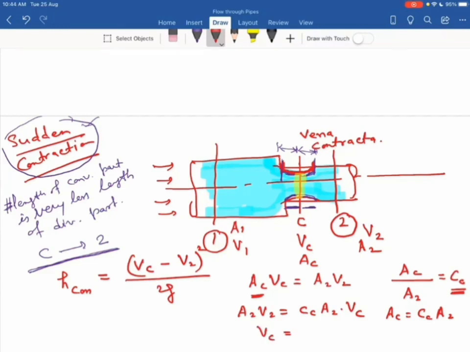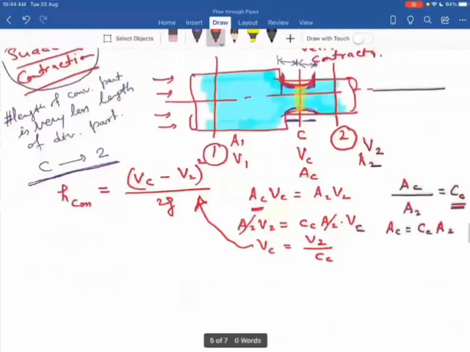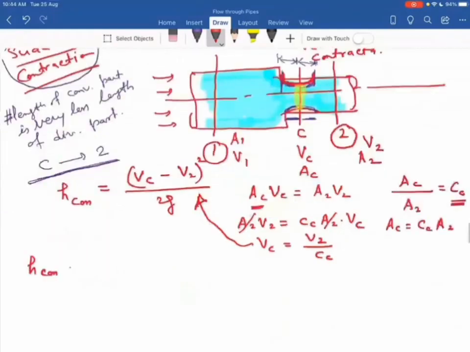A2 cancels with A2, so VC comes out to be V2 divided by CC. So I put this value of VC into this equation. So again I write HCON is equal to, putting here the value of VC, that is V2 divided by CC minus V2, this term whole square divided by 2G.